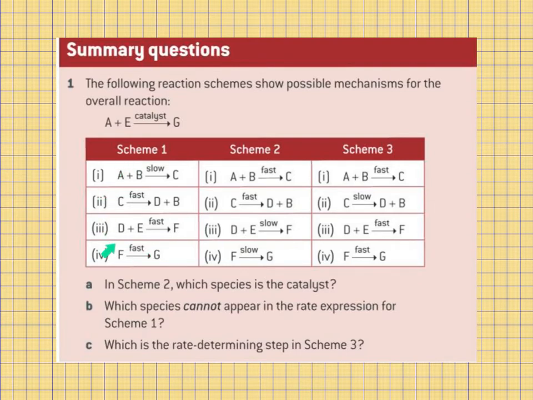You will notice in this, if we add all of these steps up together, we notice that C cancels out here and here, and B cancels out here and here, and D cancels out here and here, and we can see that E and A, which are the reactants, appear now on this side, A plus E. Notice that F has cancelled out because it appears on both sides, and that leaves us therefore with G. So when you add up all of the steps in a reaction mechanism, everything cancels out to produce the original reactants and products.